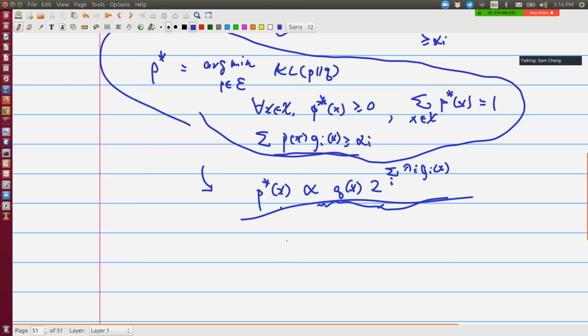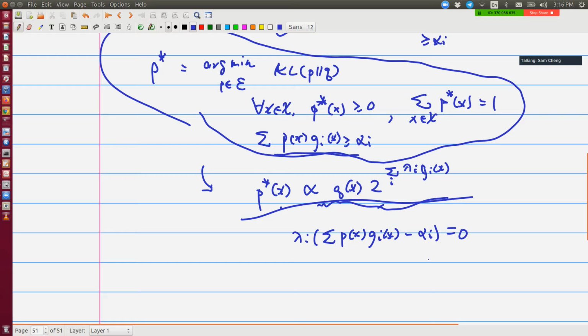For example, I should have lambda i times g_i of x, let's use x again, g_i(x) minus alpha_i is equal to 0.